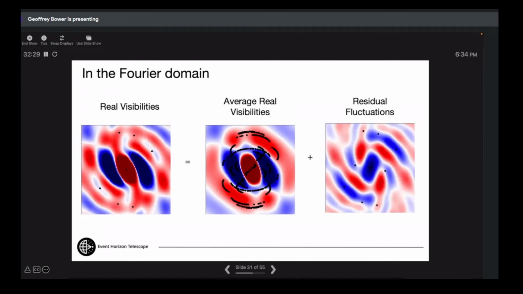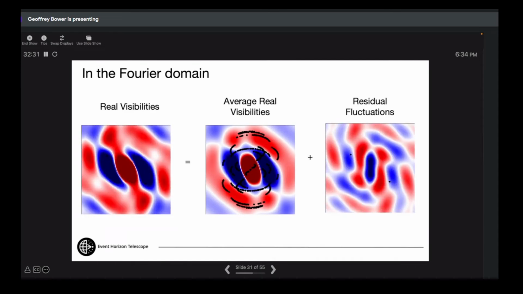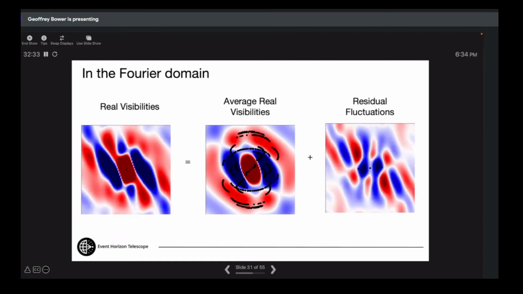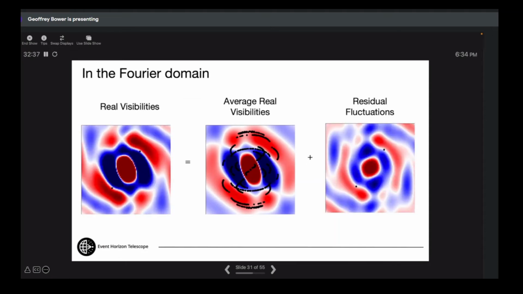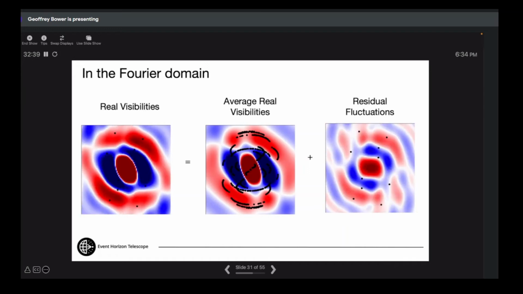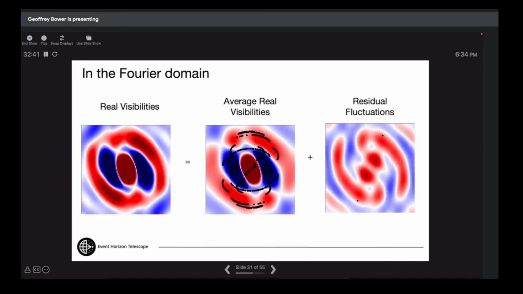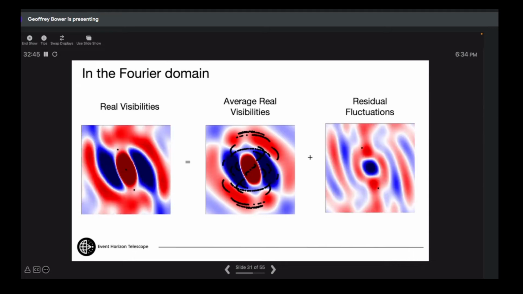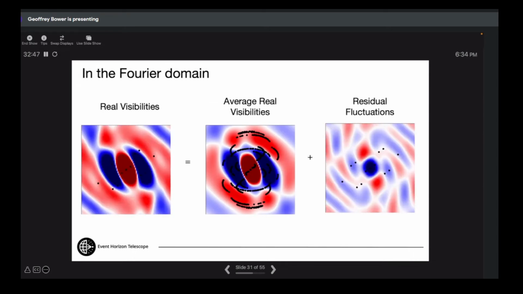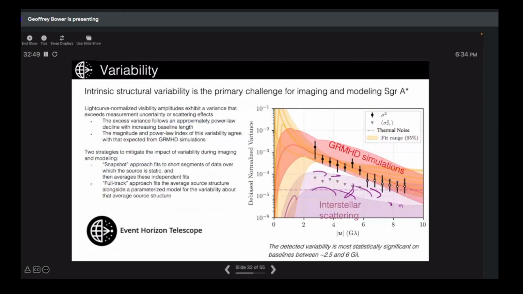What you can see is that those residual fluctuations produce a kind of characteristic noise floor in this regime that we can try to account for with our imaging techniques. And so we studied GRMHD simulations, and we also characterized our own data.